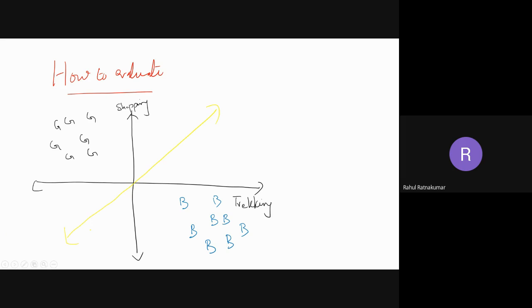But before training or learning, a neural network may not know the solution. Initially, it might have random weights. It may have random values of W1, W2, or it can start with W1 and W2 as zero initialization. So sometimes initially it may have a line like this.